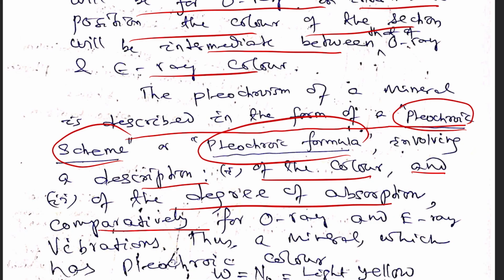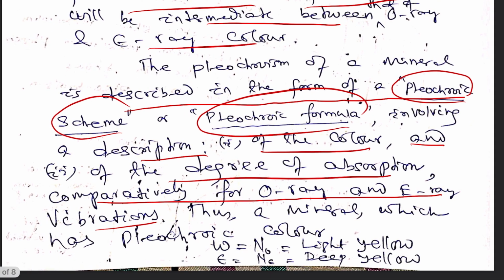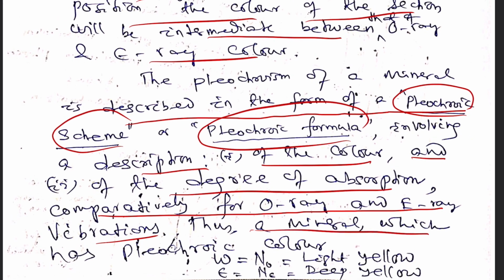Here in the case of uniaxial minerals, whether the O ray or the E ray is more absorbed is described. Thus, for a mineral which has pleochroic color for omega light yellow, for epsilon deep yellow, the E ray is said to be more absorbed than omega, and it will be described as epsilon greater than omega.